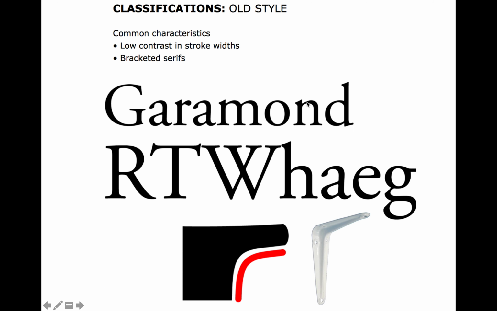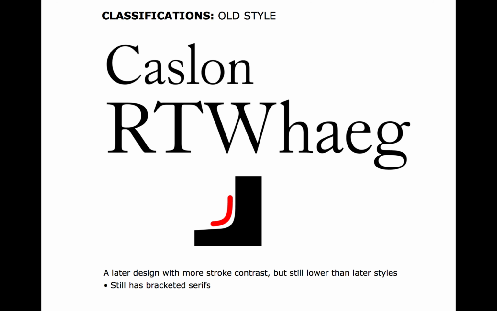And so typical typefaces that fit this style are Garamond, for instance, or RT Wague. So a later design with more stroke contrast, and still lower than later styles, is Caslon. And you still have the bracketed serifs here. They're just a little bit less curvy or more acute of a curve.